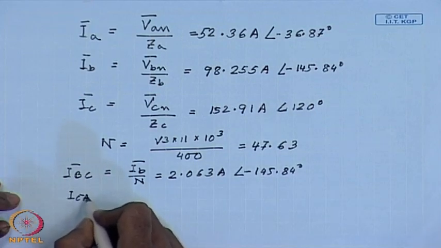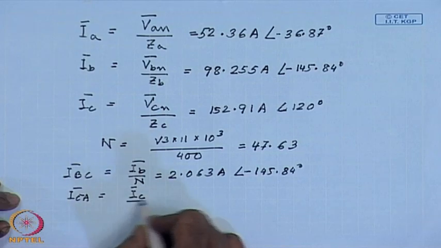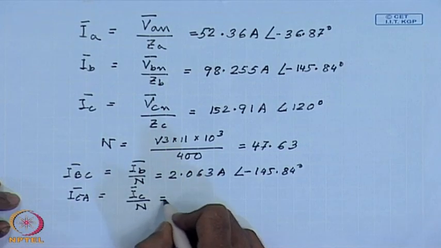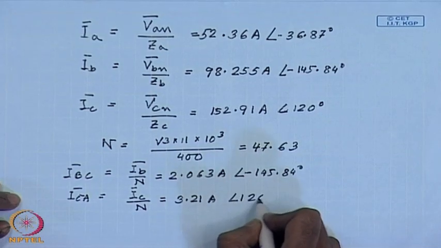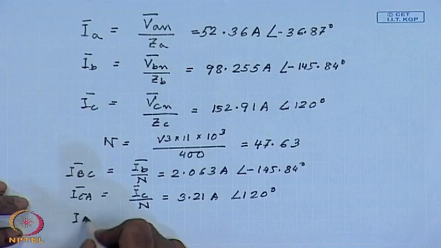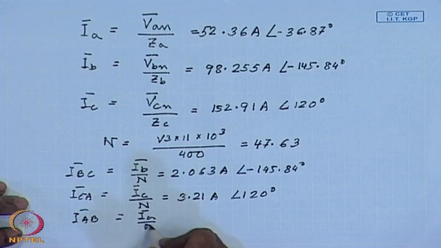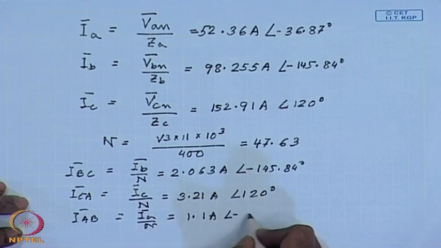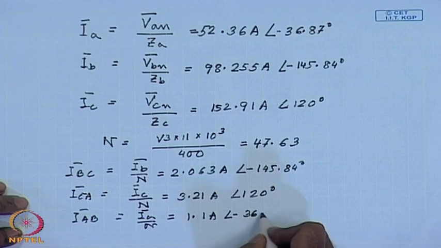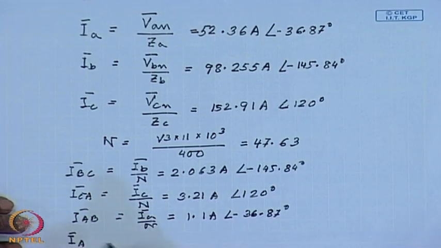ICA equal to IC by N equal to 3.21 amperes angle of 120 degree and IAB equal to IA by N equal to 1.1 ampere angle of minus 336.87 degrees.